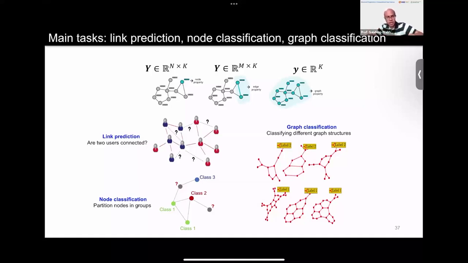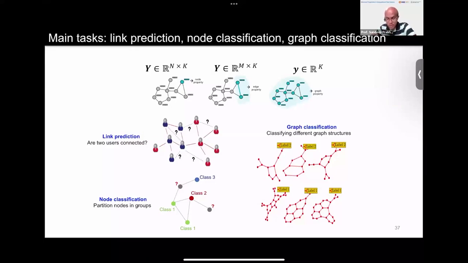Then there is classification: in a drug interaction network, you would like to classify different drugs as antibiotics, analgesics, antivirals, etc. So there are multiple classes, and you would like to classify each of these drugs into different classes. That is node classification. So any of these problems can be classified into one of these three particular problems.